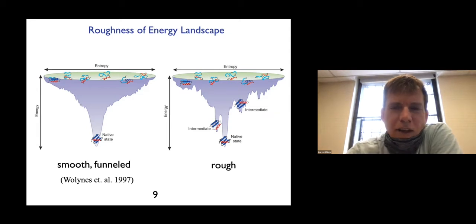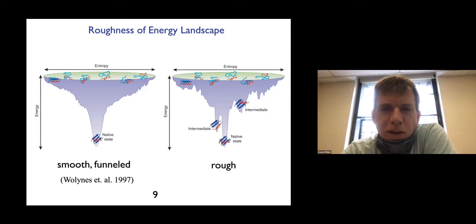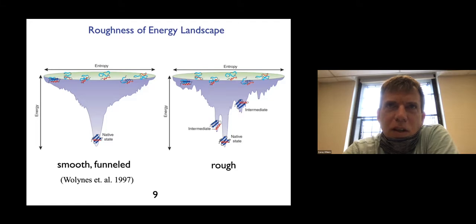I would say that this idea of smoothness and roughness is general. It's not specific to proteins. It's been used as an explanation for why proteins can find their native states, but it's generally called a glassy or a rough landscape.